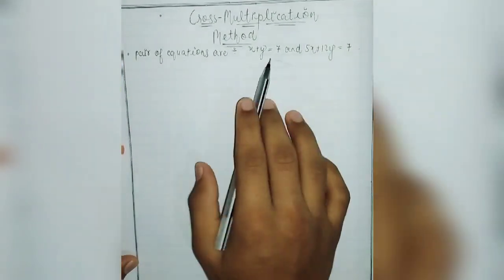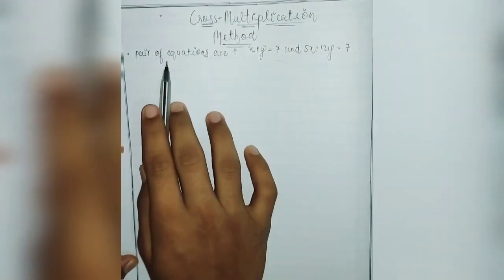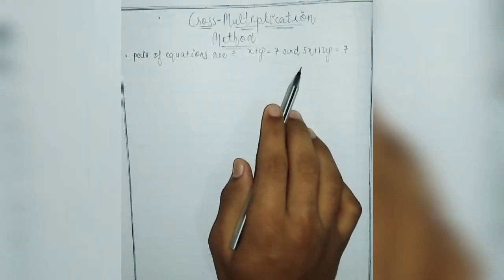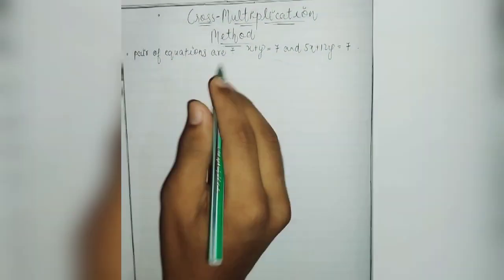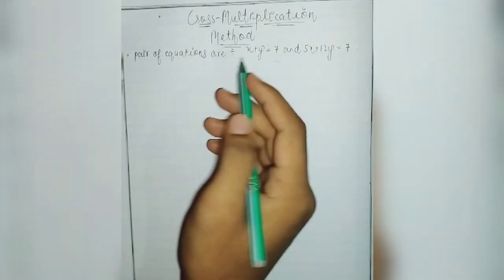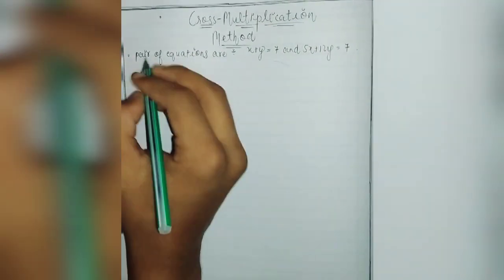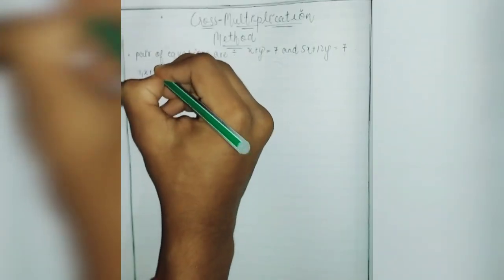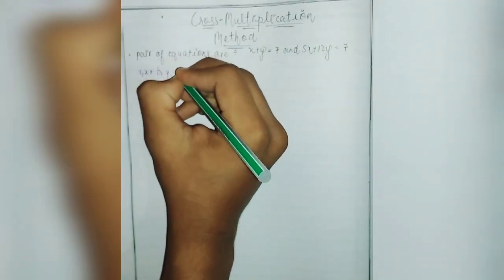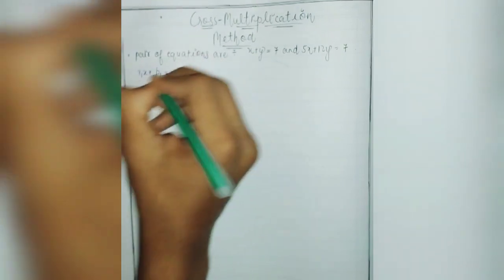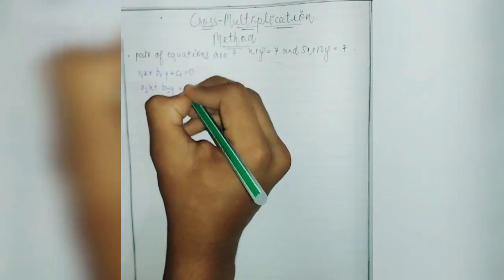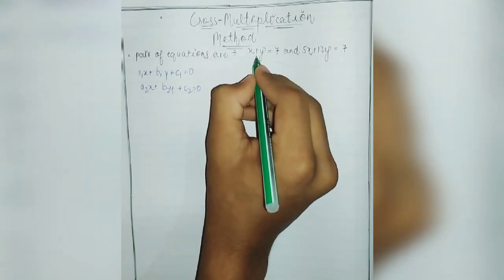In this chapter we are going to find the values of x and y from this pair of equations: x plus y is equal to 7 and 5x plus 12y is equal to 7. For this we have to write the pair of equations in this form: a1 x plus b1 y plus c1 is equal to 0 and a2 x plus b2 y plus c2 is equal to 0.